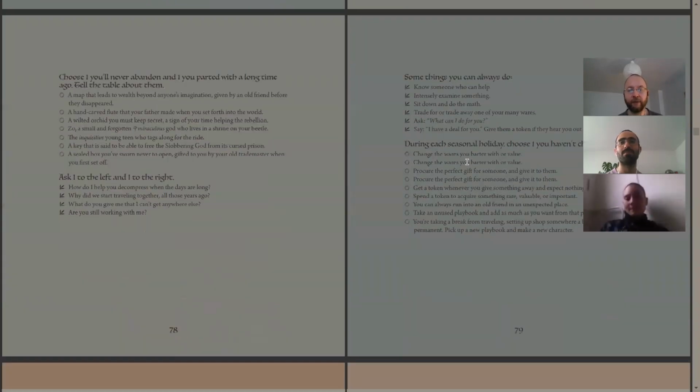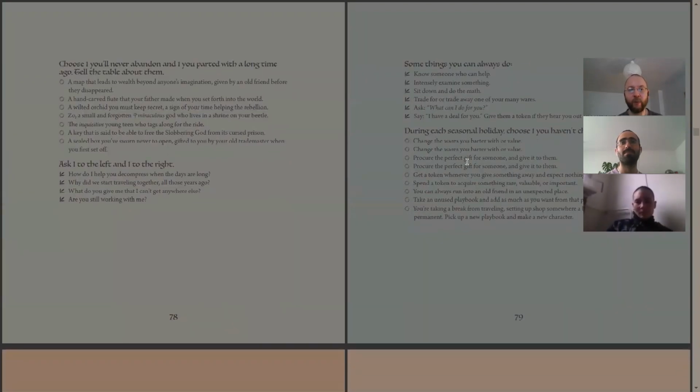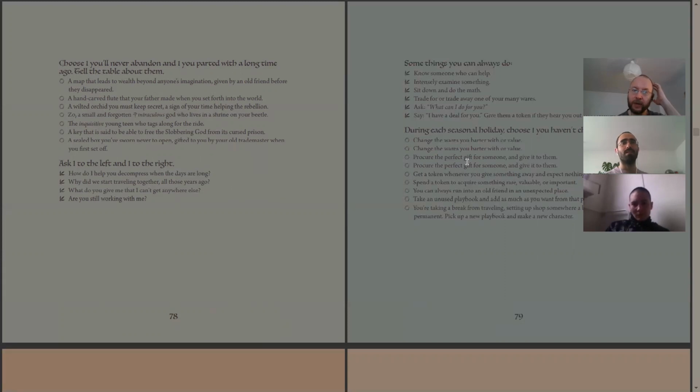There are also qualities: choose one that you never abandon and one you parted with a long time ago, and then tell about them. So these are mostly tools and instrumentation for how you flesh out the archetype, to help you not start from just a concept in itself.